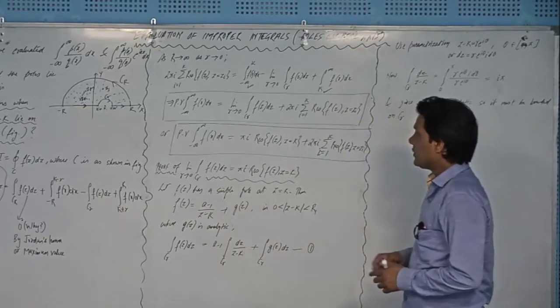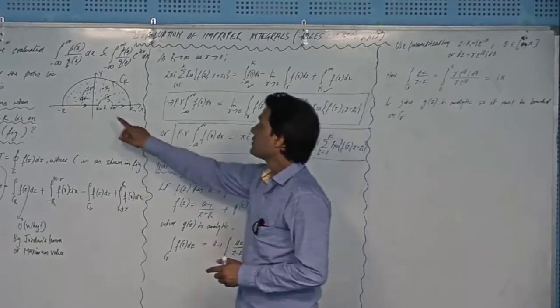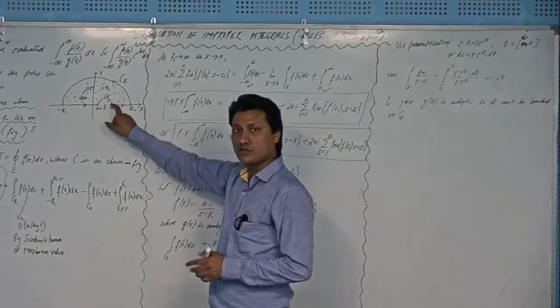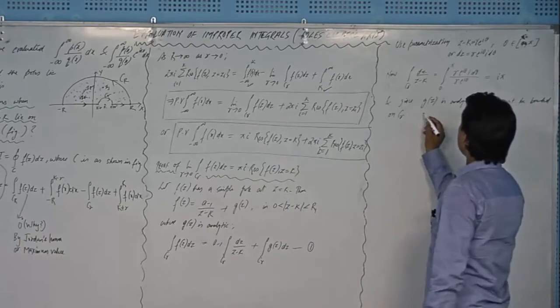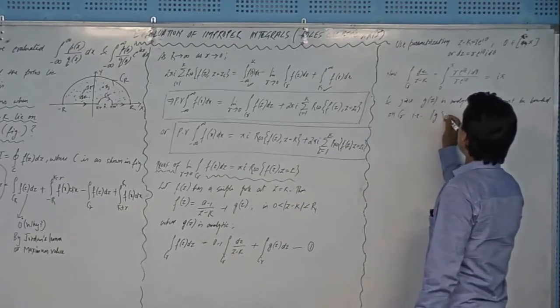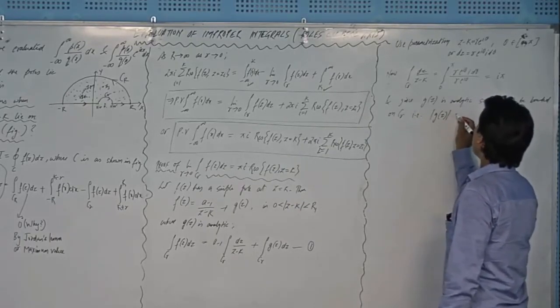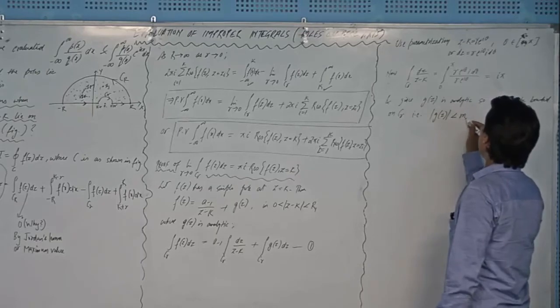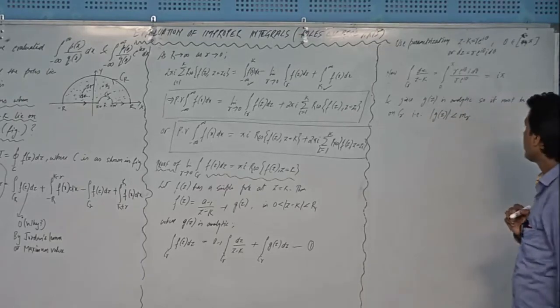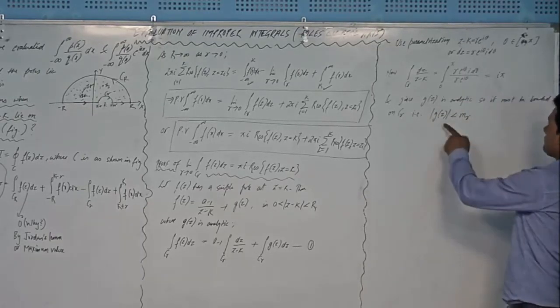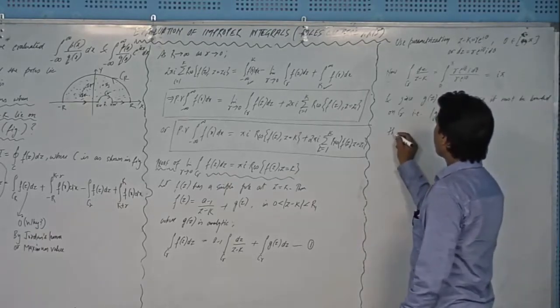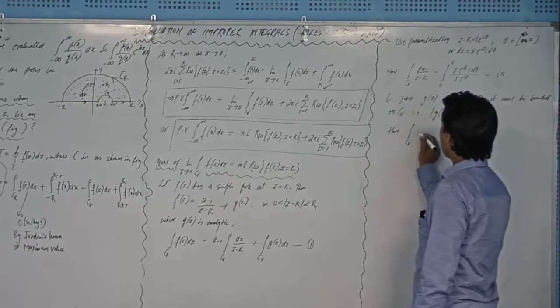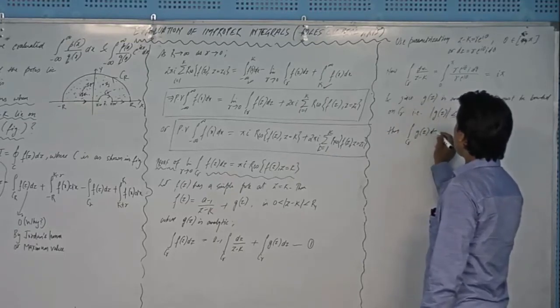Since it is an analytic function on this boundary, it must be bounded, and let that bound be denoted by a small m subscript r.